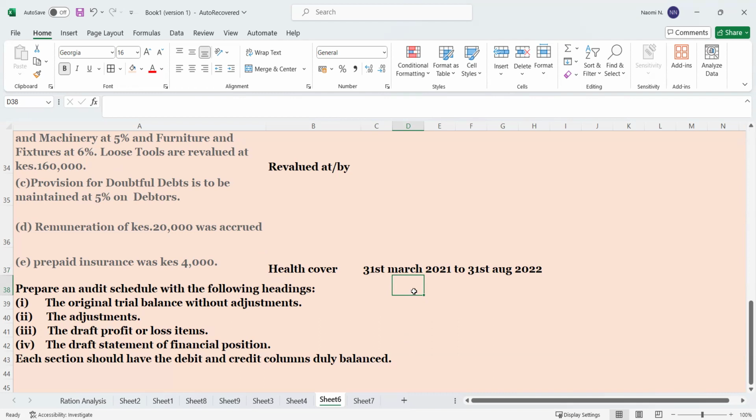So we will focus from 31st March 2021 to 31st March 2022. Anything prepaid for the following period is not going to affect our income statement. Rather, we will have it as a prepayment in our balance sheet under current assets.